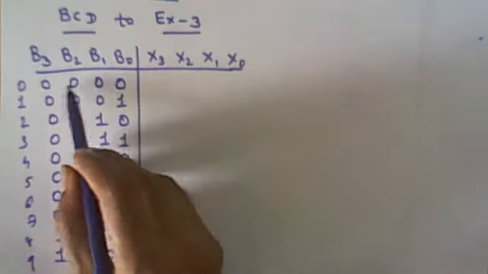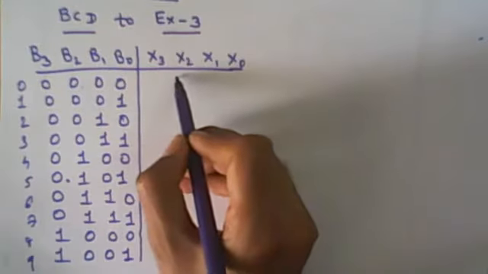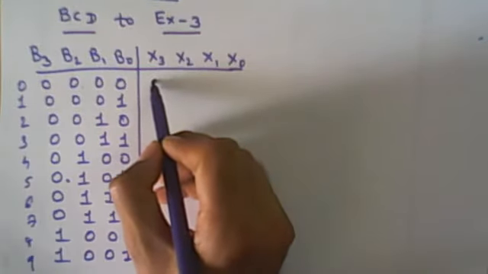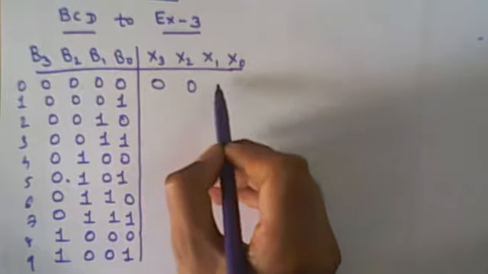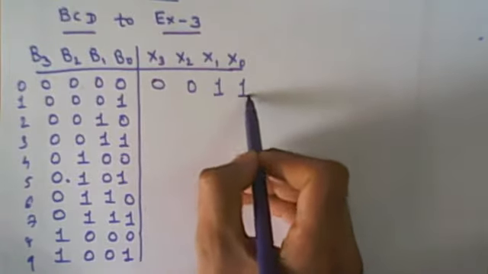For 0, if we add 3 it is 3, so the binary of 3 is the Excess-3 code of BCD 0.